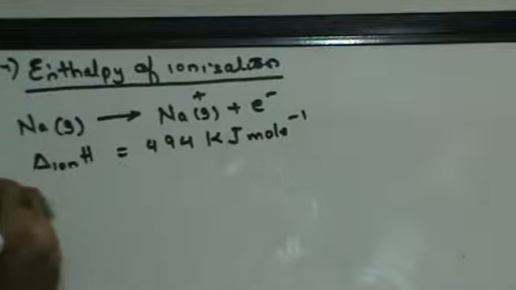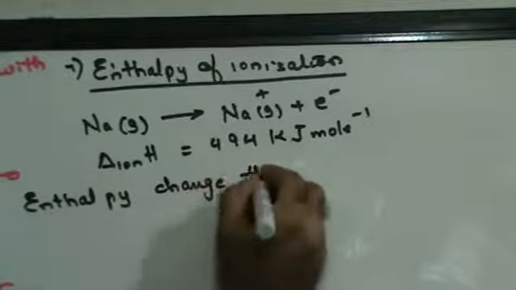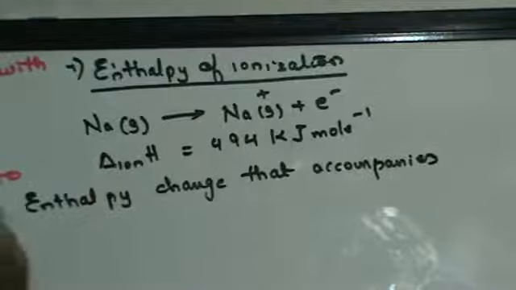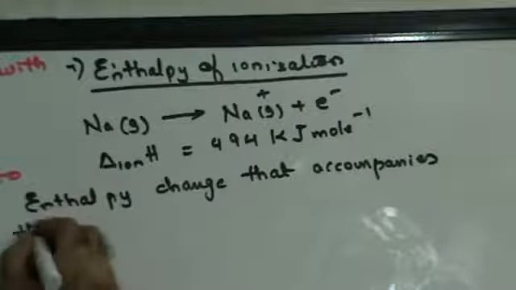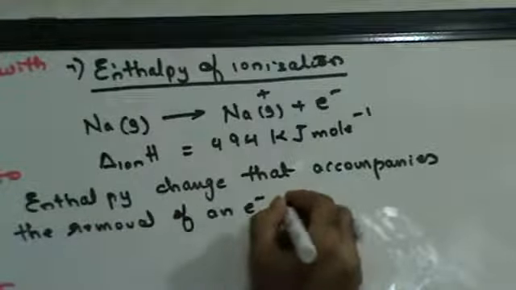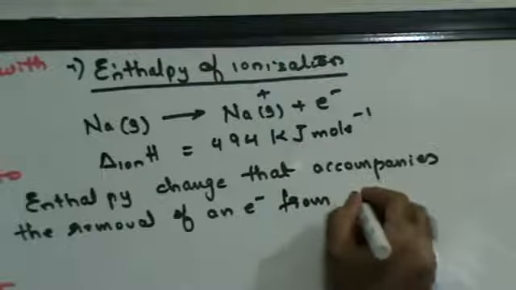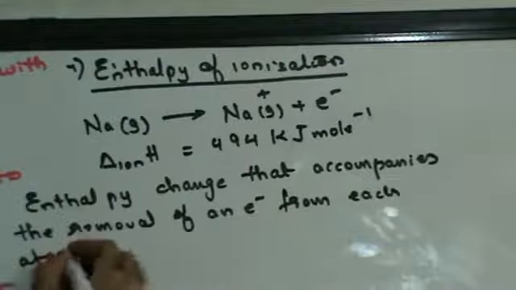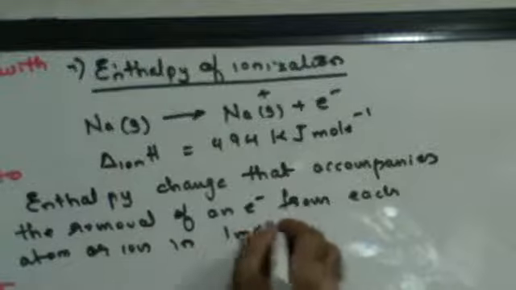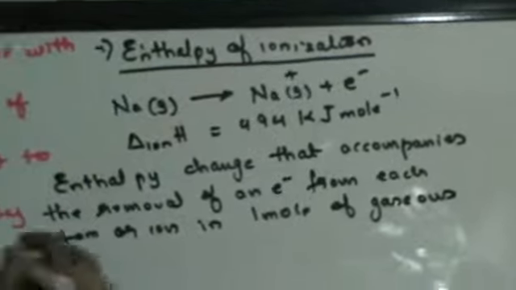The enthalpy change that accompanies the removal of an electron from each atom or ion in 1 mole of gaseous atoms or ions is called enthalpy of ionization.